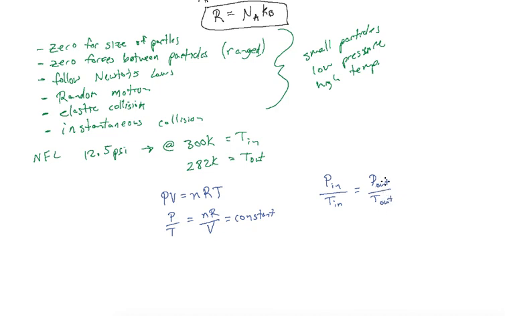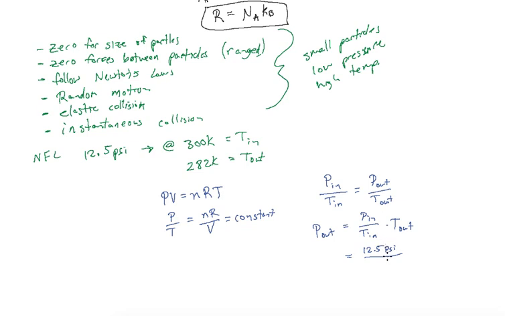And if we calculate what the pressure would be outside in the cold, once the balls got cold, it would be pressure in over temperature in times the temperature outside. The pressure inside is 12.5 psi, pounds per square inch, which is different than the Pascal we used before.